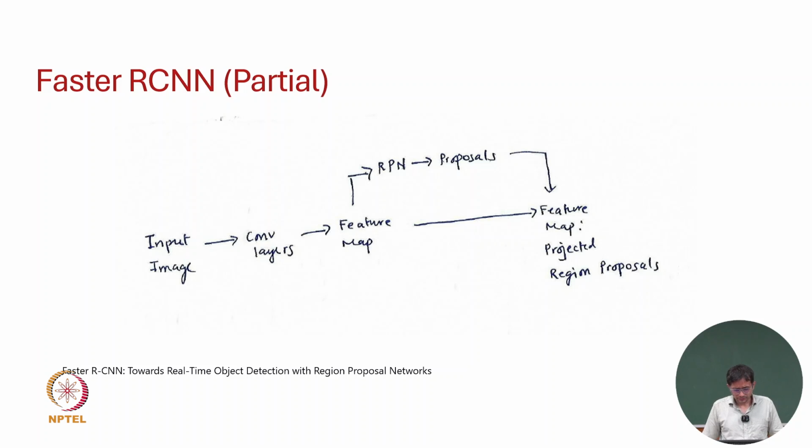Towards this, what we're seeing is that given the input image, we have, let's say, the convolutional layers, and from the convolution layers we are getting the feature map, right? Recall what was the case in the first RCNN.